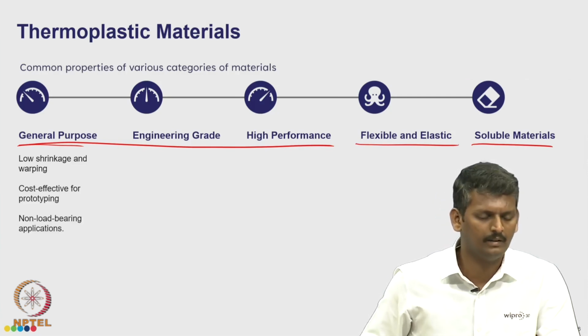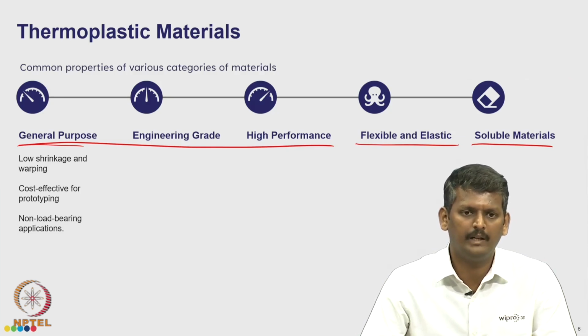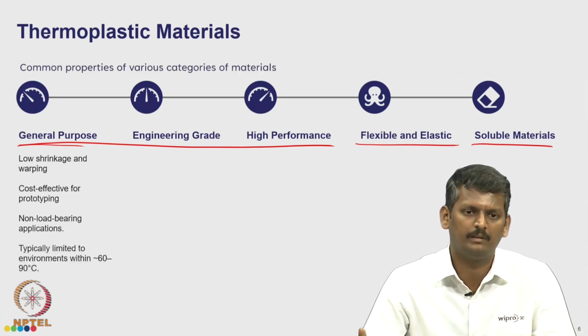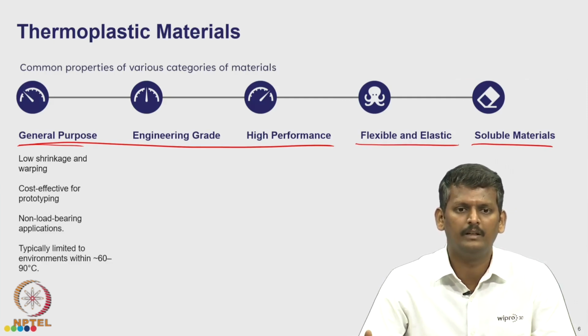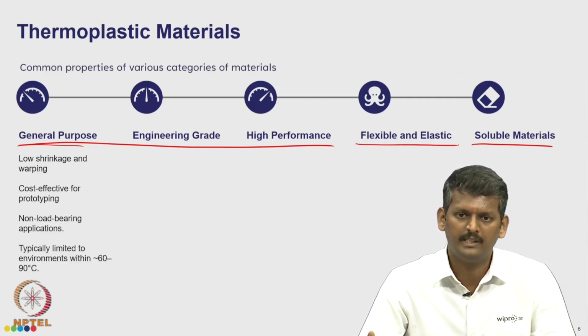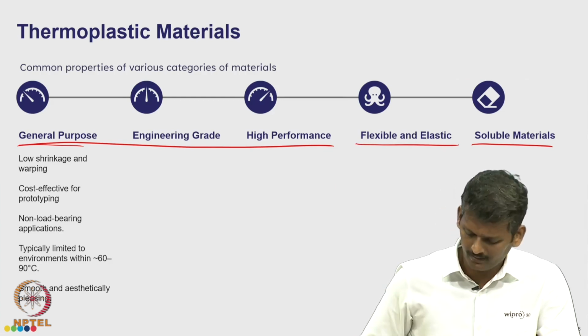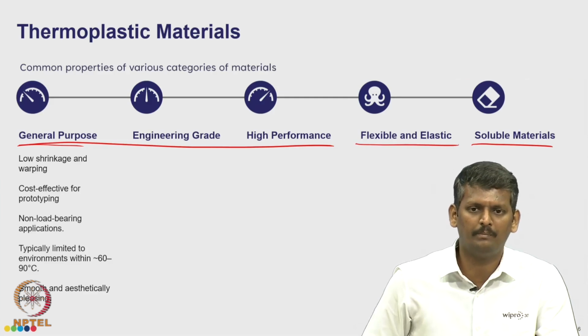And we do not use these general purpose materials for load bearing applications, and the environmental temperature is restricted to approximately 60 degrees Celsius to 90 degrees Celsius. The parts are smooth and aesthetically pleasing, so we get good visual parts from these general purpose materials.